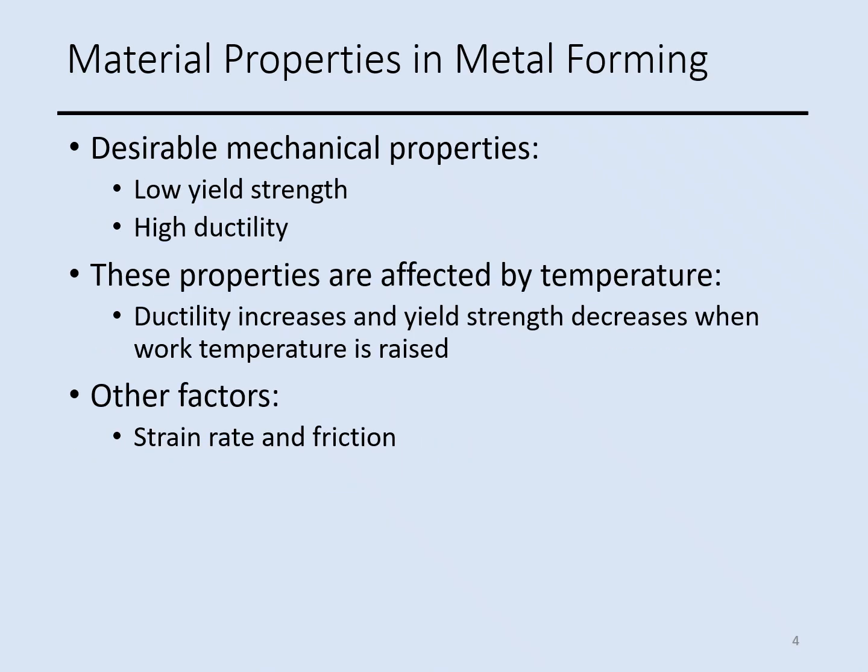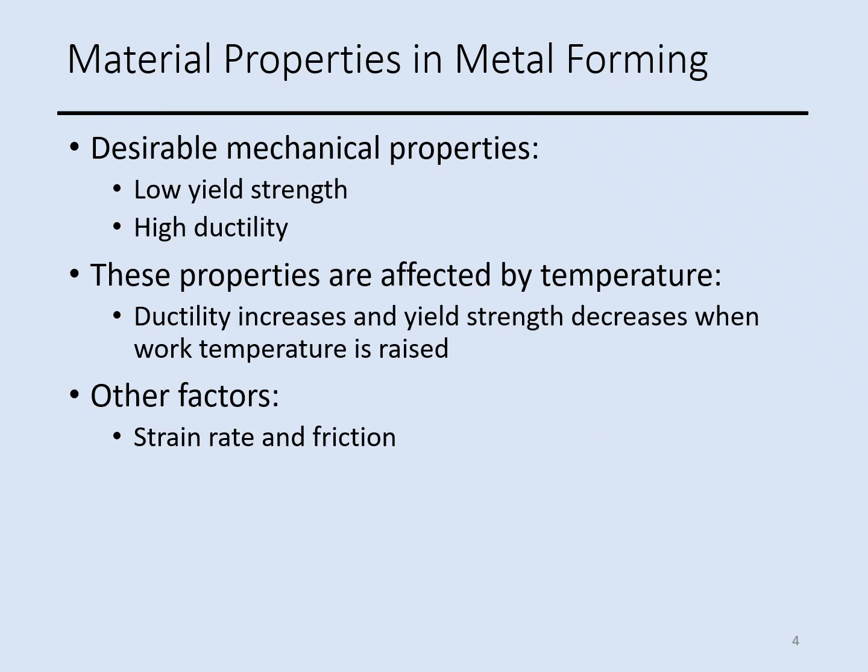There are some material properties that make a metal or a workpiece a good candidate for metal forming. Some of these desirable properties are low yield strength and high ductility.